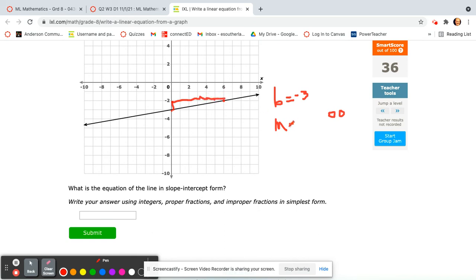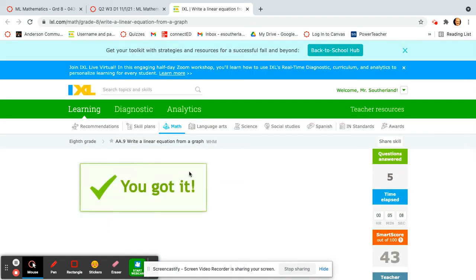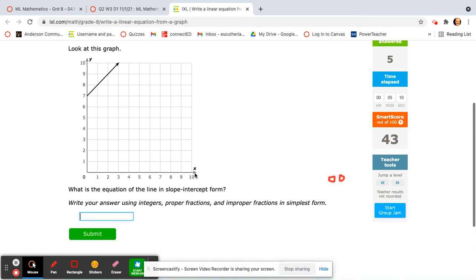So it has a rise of 1 and a run of 6. So my equation would be y equals 1. Oh, make sure you put equals. Y equals 1 over 6 x and then -3 because it's a -3. Submit and you'll have a new problem.